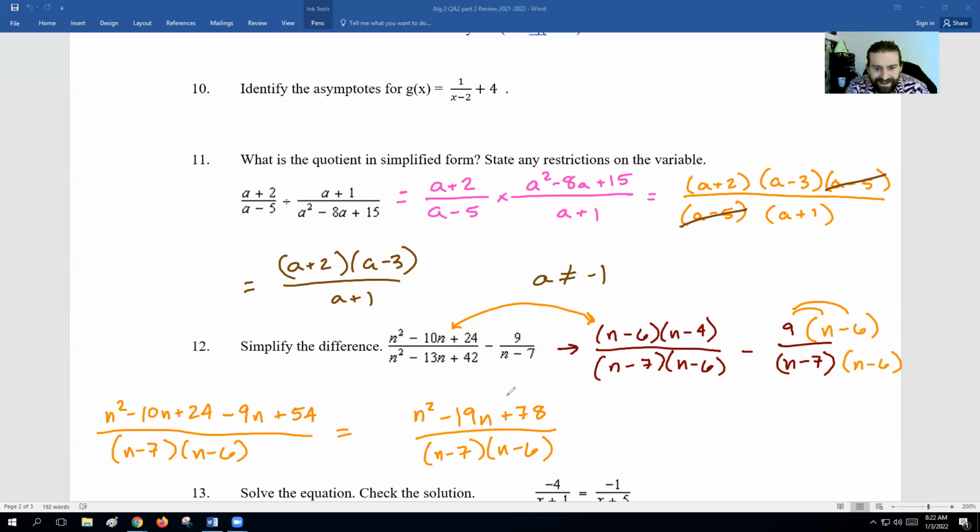Is that 6 and 13? 6 times 13 is 78. Wow, this is why we did this, because this top factors to (n minus 13) times (n minus 6). The bottom is (n minus 7) times (n minus 6). And what ends up happening, doesn't happen all the time, is those (n minus 6) cancel out. So the final simplified answer here is just (n minus 13) over (n minus 7).